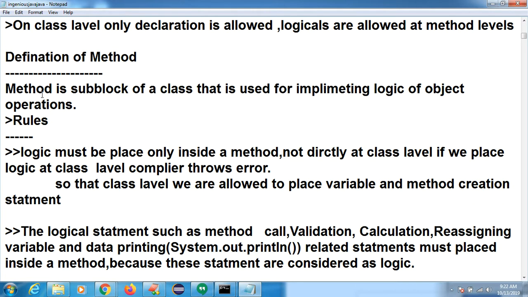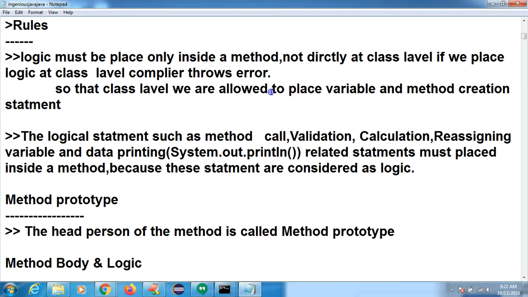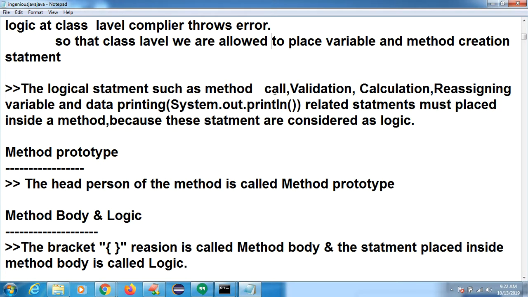Method definition: a method is a sub-block of a class that is used for implementing the logic of an object operation. Rule: logic must be placed only inside a method, not directly at class level. If we place the logic at class level, the compiler throws an error. At class level we are allowed to place variable and method declaration statements, but not logic statements such as method call, validation, calculation.